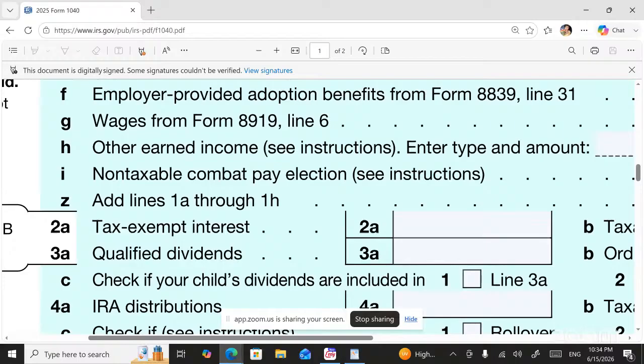If you don't want to include it for calculation of the other benefits, other credits, you need not include it. This is purely the choice of the employee given by the department. So, non-taxable combat pay, at his choice, he can include or need not include. This will be covered clearly in a subsequent chapter. Now, Z is nothing but all the items above totaled.